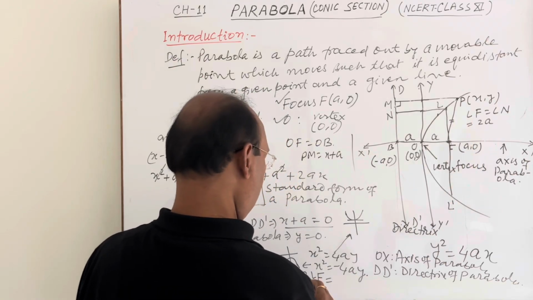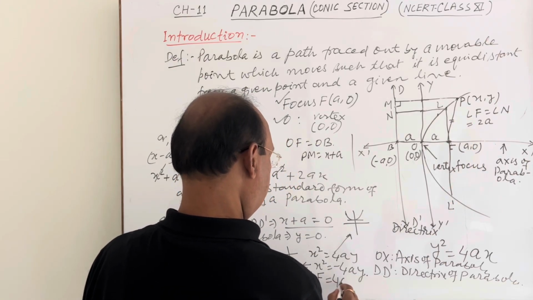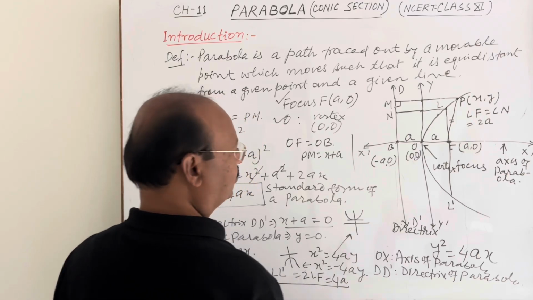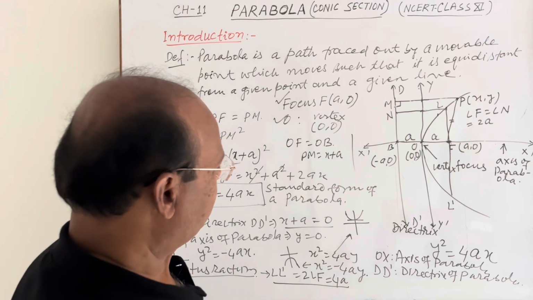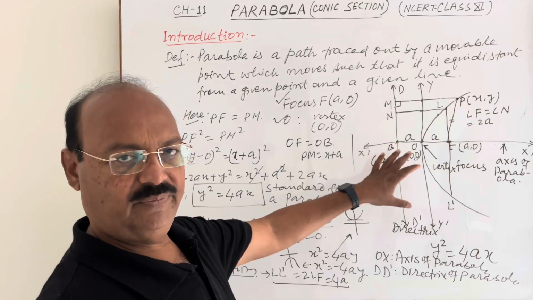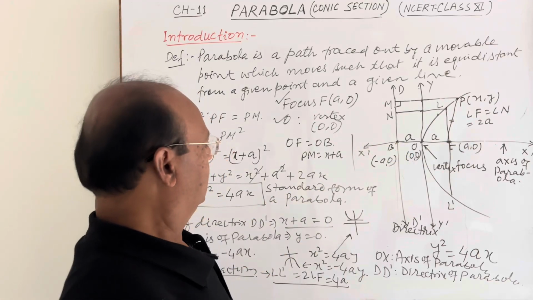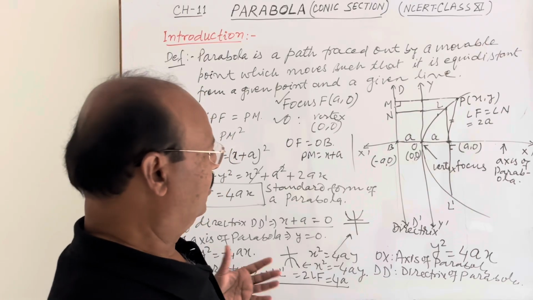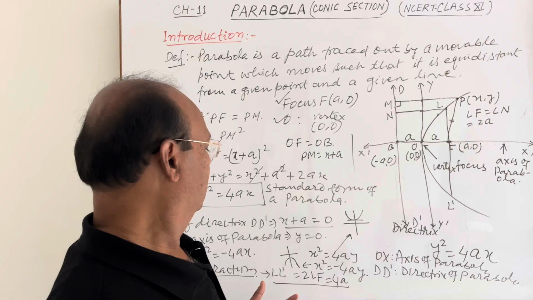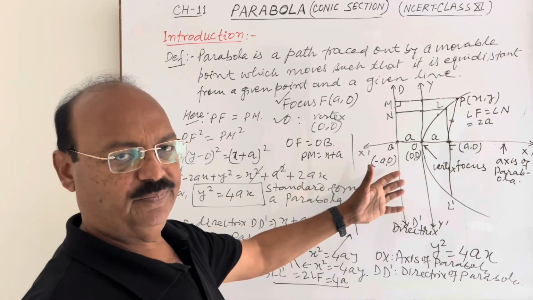So this is 2 into 2a, this is 4a. So the length of the latus rectum is 4a. So we must remember these very important points in this parabola. And as per our need and requirement, we will discuss other types of parabola also.